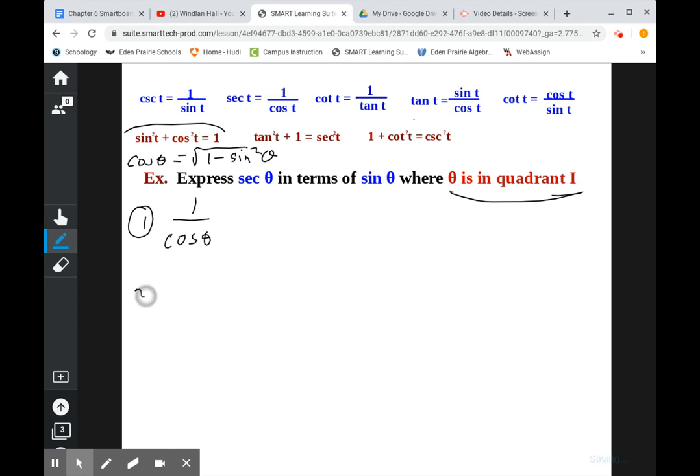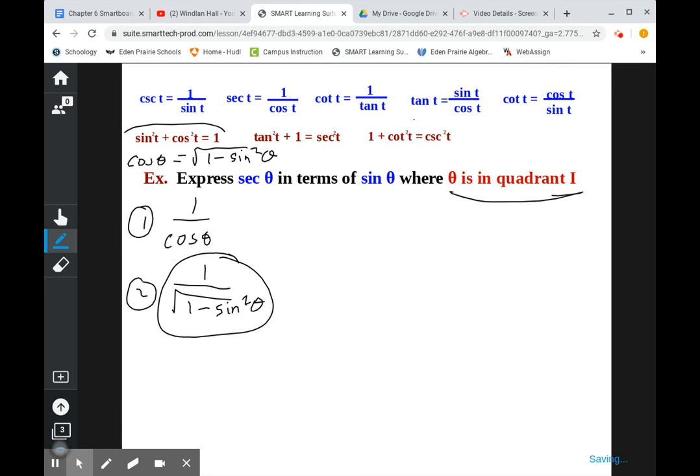So step 2, instead of putting the cosine, I can put 1 over the square root of 1 minus the sine squared of theta. And this is my final answer. It is all in terms of the sine, and it's in the first quadrant. If it had been in any other quadrant, I may have had to make that square root negative.